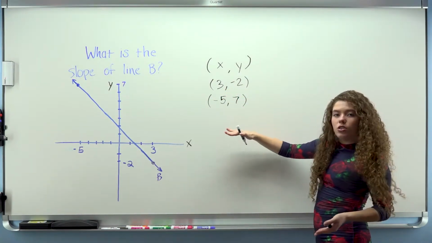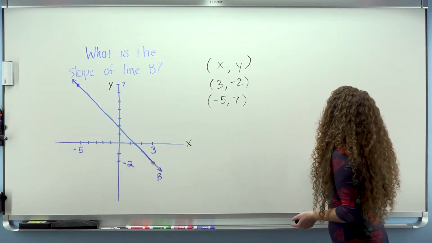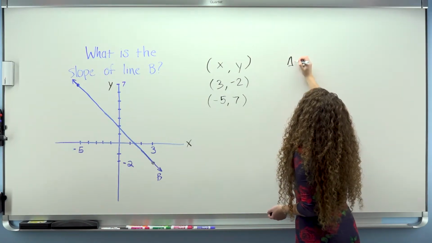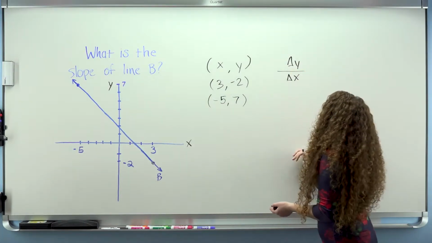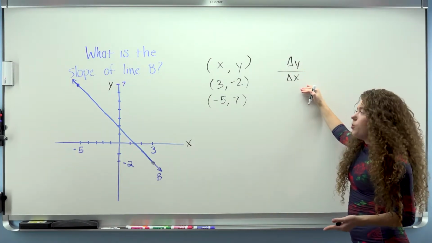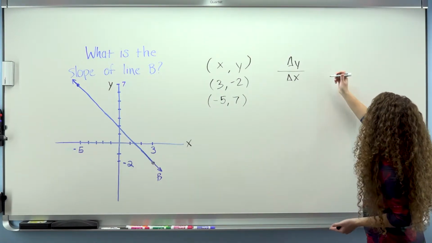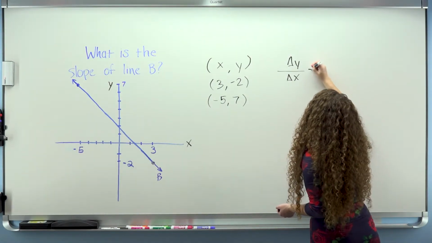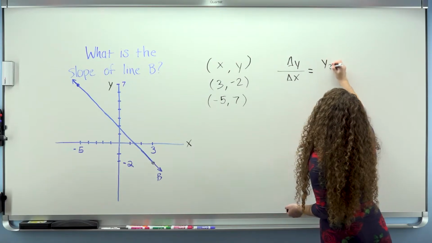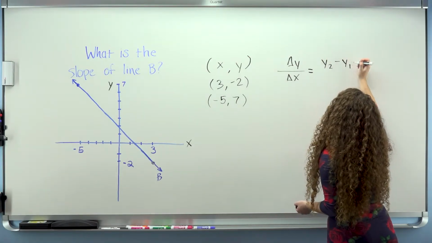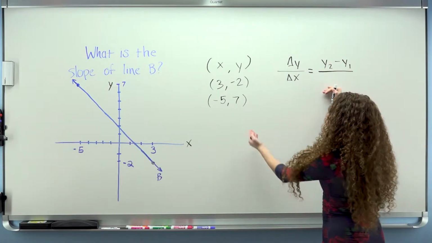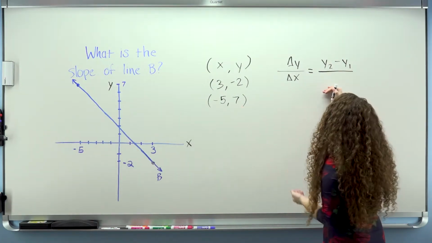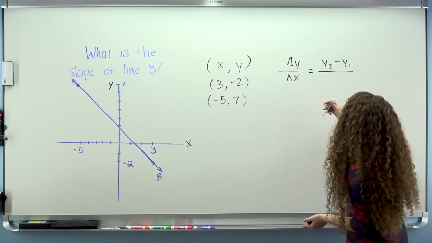So now to find the slope of this line, what we do is delta y over delta x. And all this means is the change in y over the change in x. So the change in y would just be y2 minus y1, y2 being one of the y coordinate values, and y1 being the other one.